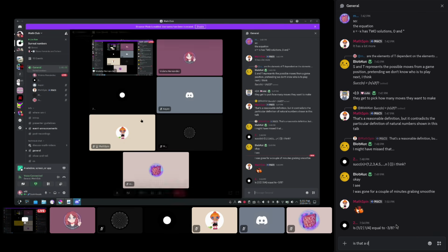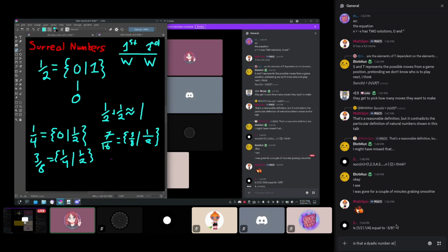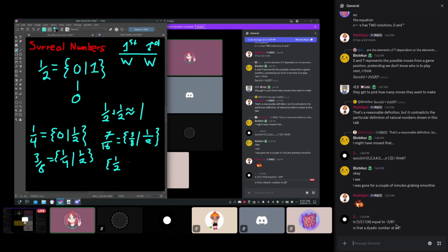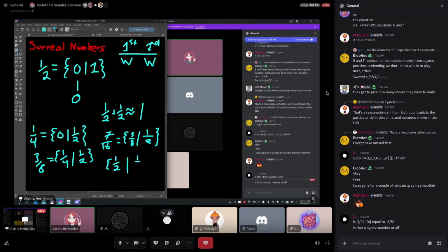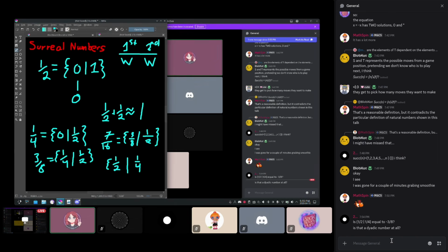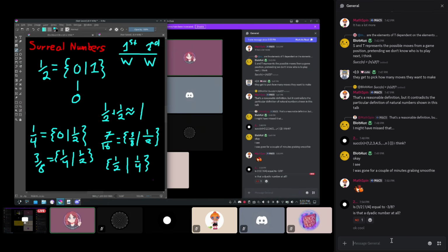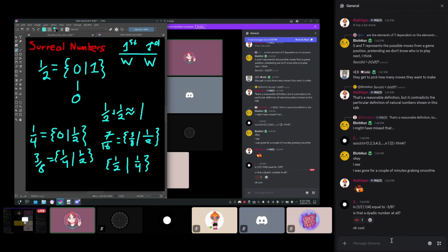1/2... Let me write this down. 1/2 for left and 1/4 for right. It's not going to be a number. And again, I'm getting quite a bit ahead of myself, but this is basically just some other type of game. It's not a fraction in the same sense that these other ones are.